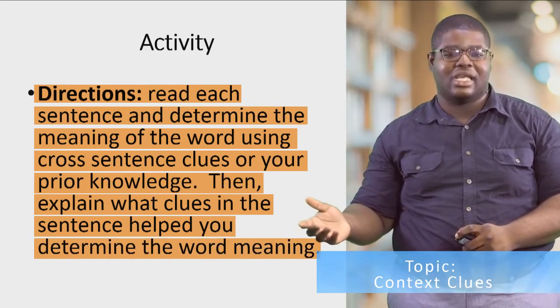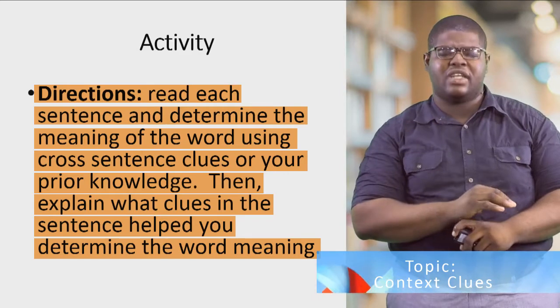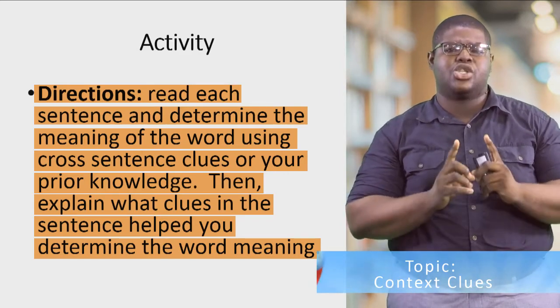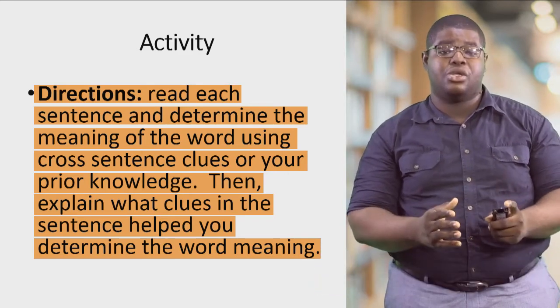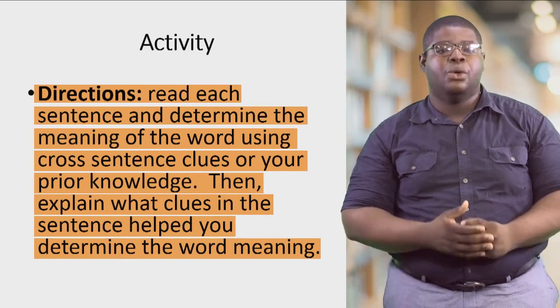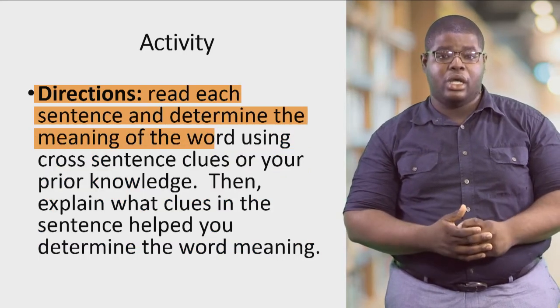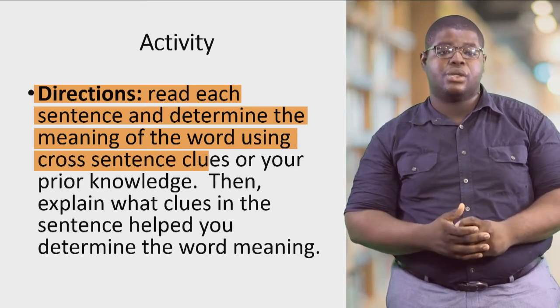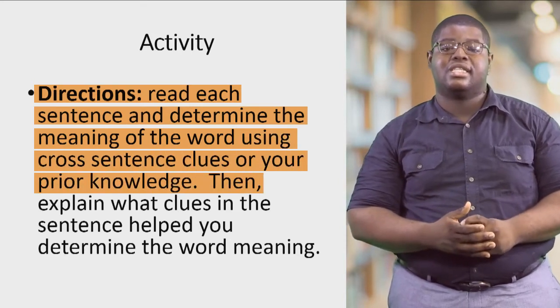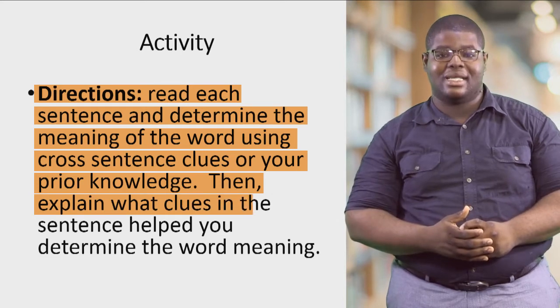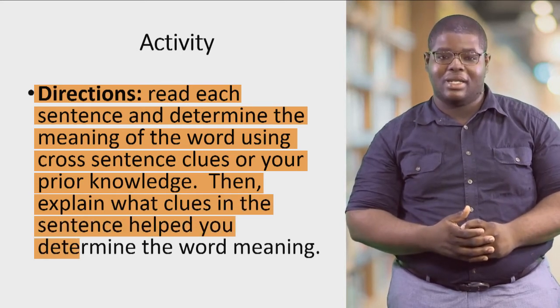Let's go to the directions again. It's very important whenever you have any activity or anything to read the instructions, because that's what will guide you in knowing what to do. Read each sentence and determine the meaning of the word using cross-sentence clues or your prior knowledge. Then explain what clues in the sentence help you determine the word meaning.